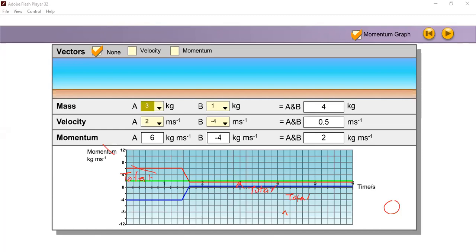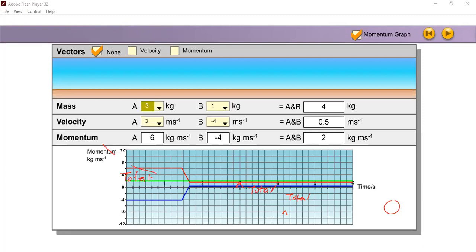How about kinetic energy? Kinetic energy for A and B is 1/2 mv squared. The total kinetic energy is the kinetic energy of trolley A plus the kinetic energy of trolley B, and it will be different. Total kinetic energy before and total kinetic energy after collision are different.